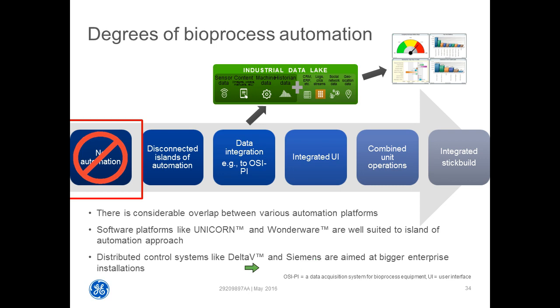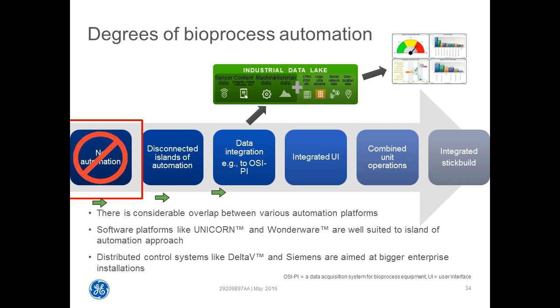As you can see here, the starting point of this journey is a workflow that's not automated. From there, we can move towards a setup with disconnected islands of automation. These islands could be running on the same automation platform, or on different platforms.